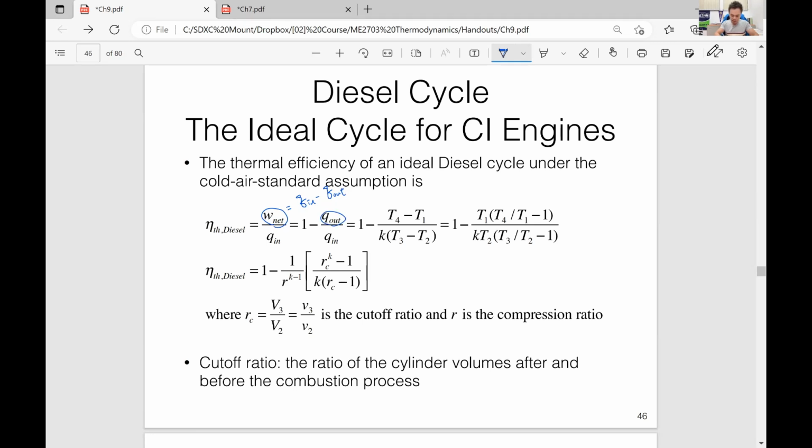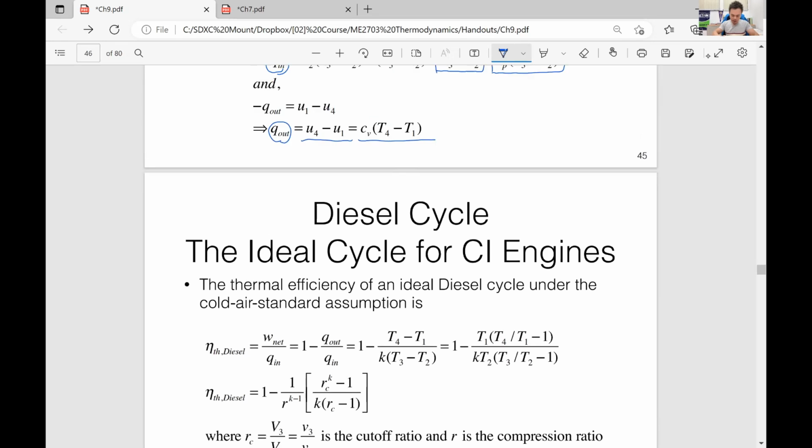Now we know Q out is U4 minus U1, which is Cv times delta T. Again, here we are using cold air standard assumptions.